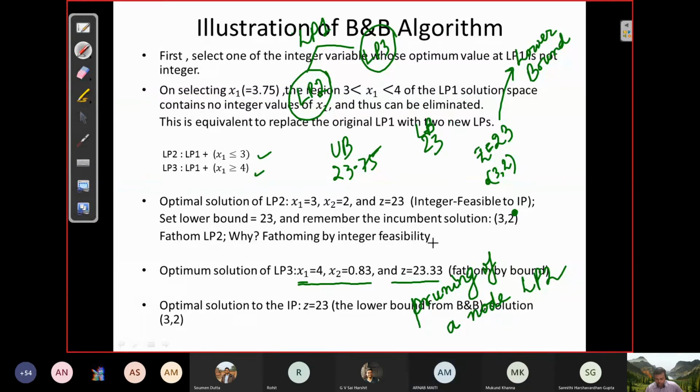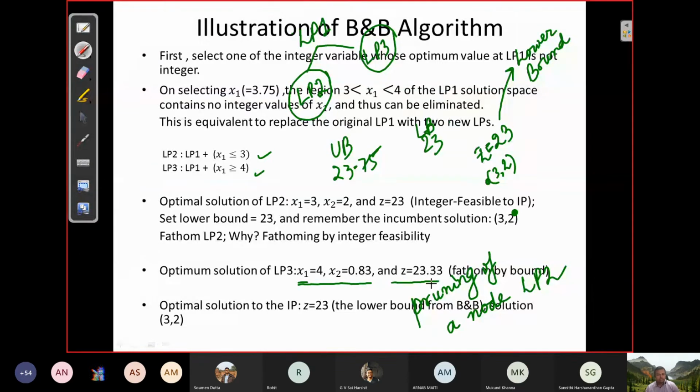So basically, it will make sense to explore LP3 if there is a chance of finding an integer solution for which the z value will lie between 23 and 23.33, right? So there is some chance of improving the lower bound, isn't it? But it is not possible. The best thing that you can get is 23.